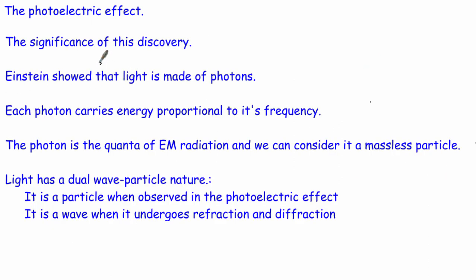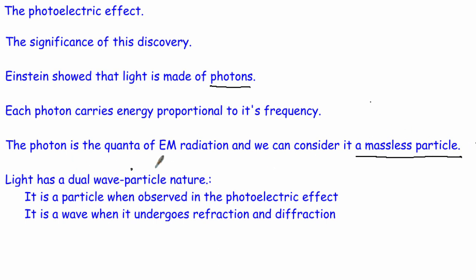So in terms of significance, the reason this is significant is because Einstein basically showed that light is made of photons. It was the only way that you could actually explain the photoelectric effect. He took the idea from Planck that every photon carries energy proportional to its frequency, and he basically said that we can now consider this thing to be a massless particle.